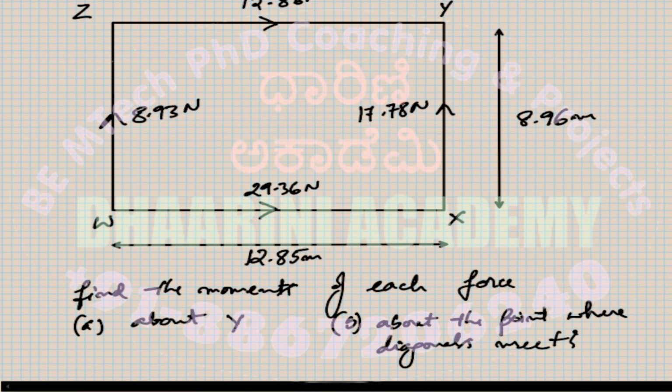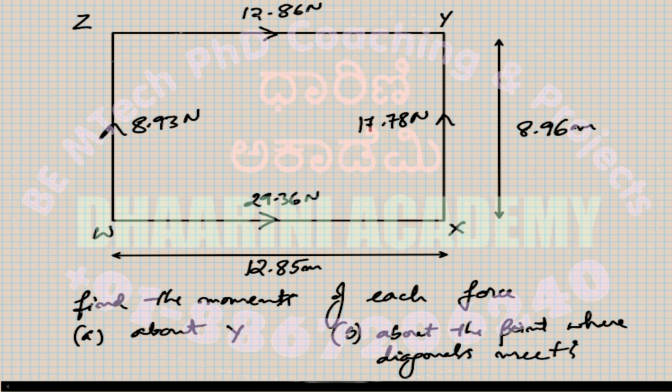Okay, wherever both the diagonals meet in this particular shape, find the moment of all the forces about that one.